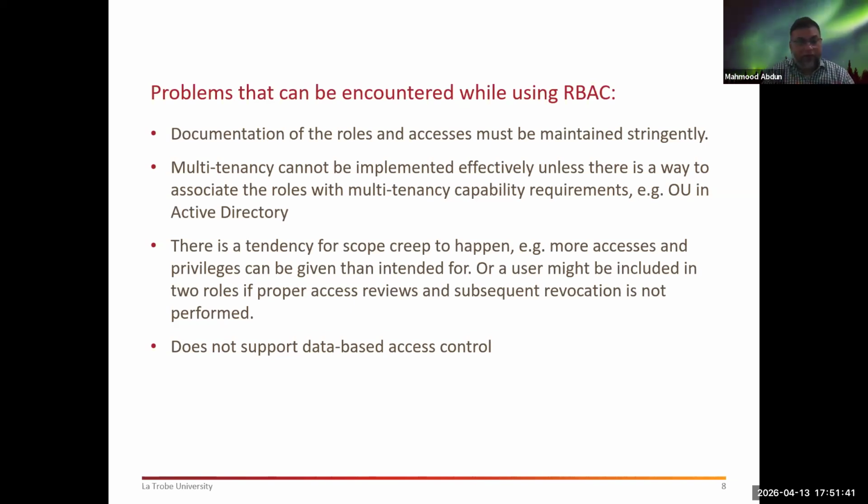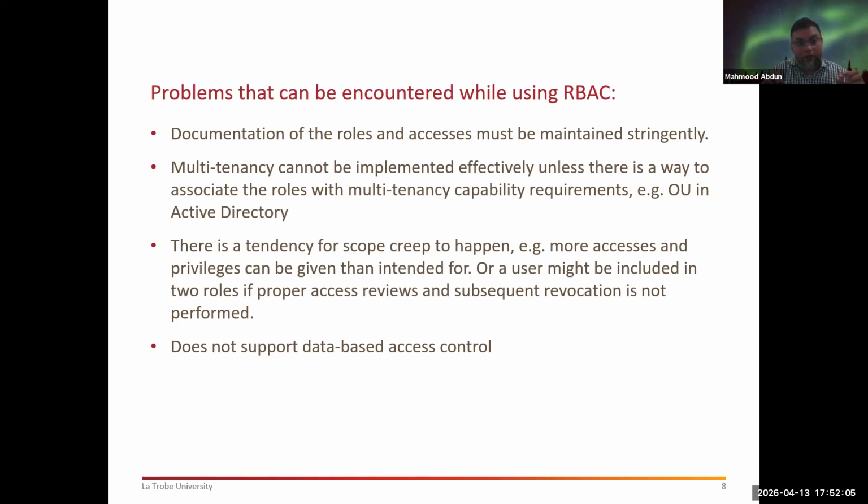So let's say someone gets a role, and then they don't leave that role. They get assigned to different roles. So that means now they have visibility, and not just visibility, different access rights, of different parts of the system. And that makes managing this role much more difficult and much less accountable.